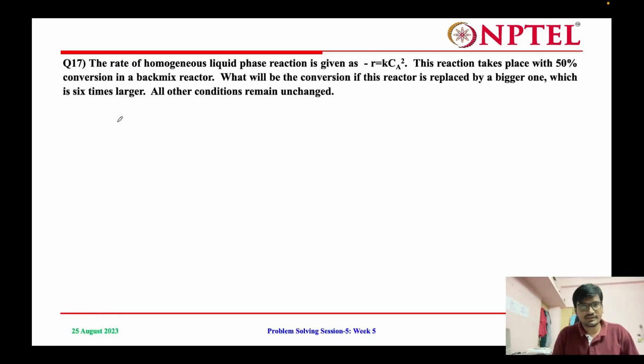Question number 17. The rate of a homogeneous liquid phase reaction is given by minus RA equal to K CA square. This reaction takes place with 50% conversion in a batch reactor, meaning CSTR. What will be the conversion if the reactor is replaced by a bigger one, which is 6 times larger? All conditions remain unchanged.